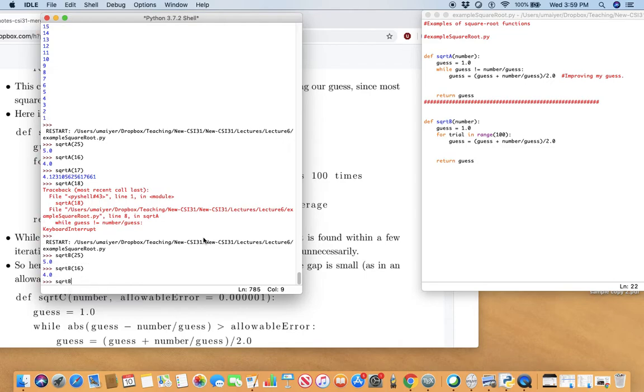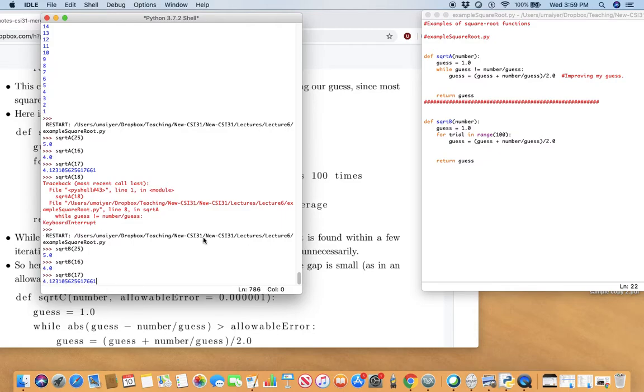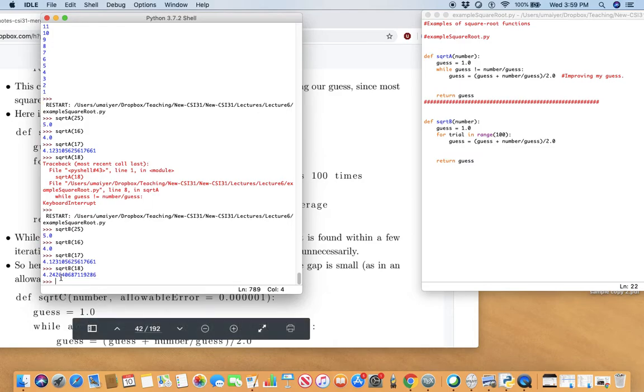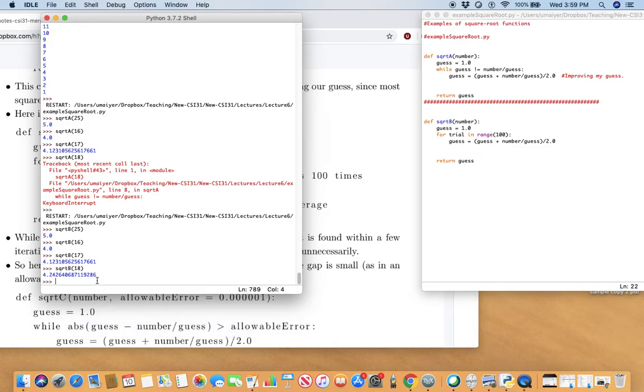Square root b of 17 works like it did, right? Now you want to do square root b of 18. In the previous case, it was 18 that crashed, it went on an infinite loop. Let's try this. It stopped after 100 attempts. So this is a good one.